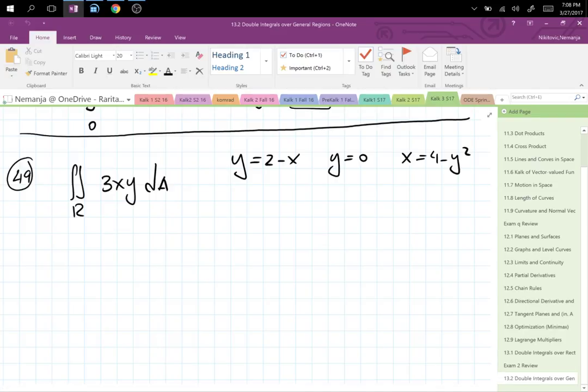So you have the region 3xy dA. You really can't set anything up until you draw the picture and see what is the proper order, dx dy or dy dx. That you can only see from the picture.